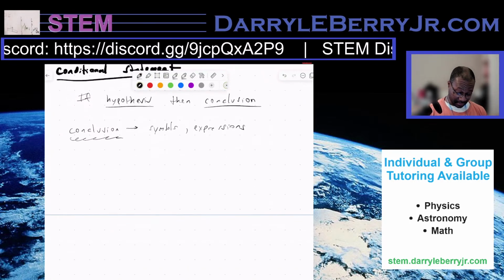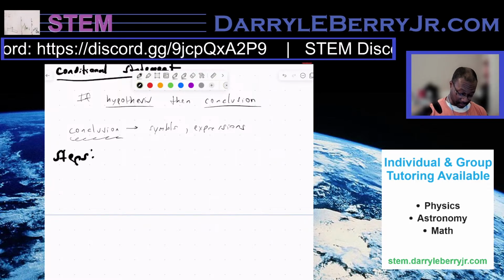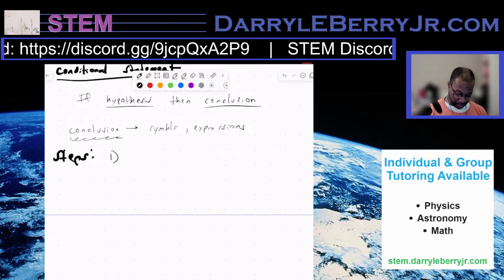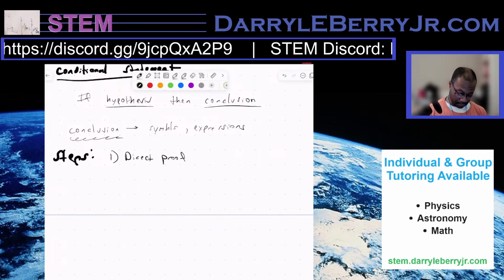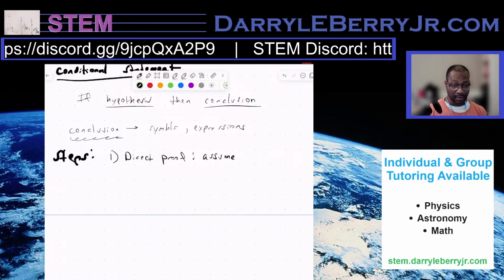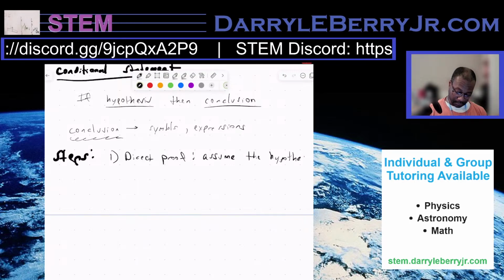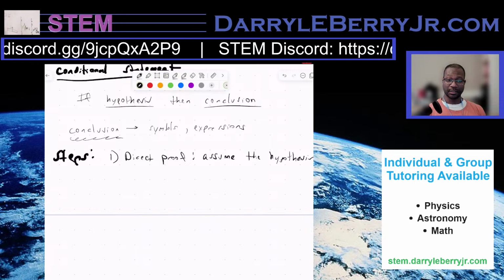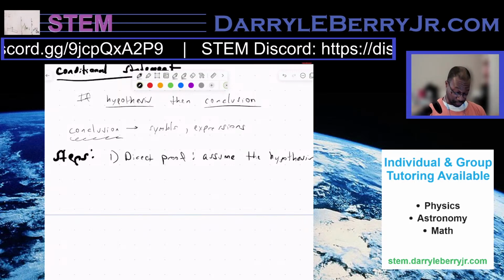So the steps. 1, for direct proof, assume the hypothesis. So whatever it is that the problem wants us to prove, we first assume that it's true.